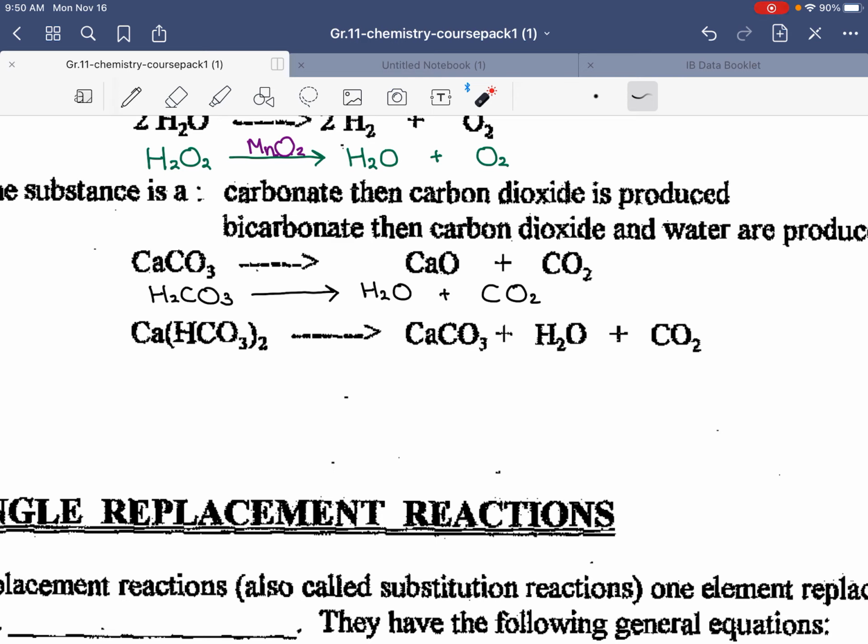They are metal carbonate, water, and carbon dioxide. These are a must. You're always going to get water, you're always going to get carbon dioxide. This, of course, depends on the metal. In this case, it is a calcium bicarbonate, so you get a calcium carbonate.